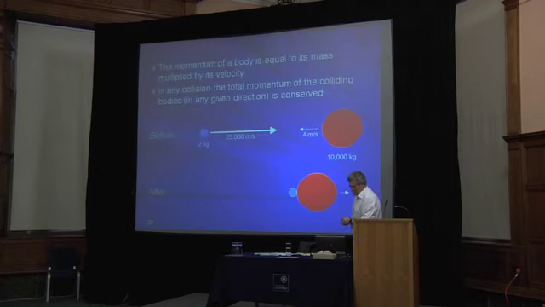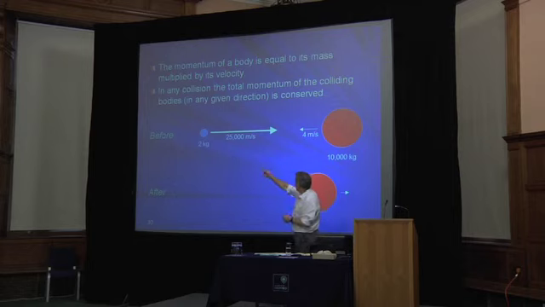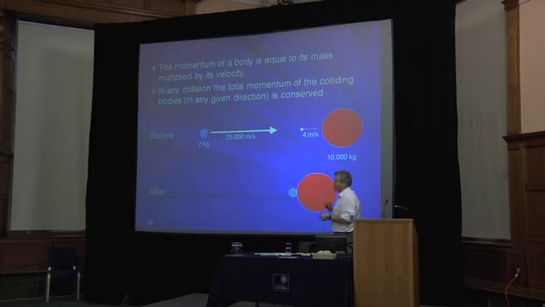Now, I take this to be an example of what Hume is saying. Momentum is mass times velocity. We know that momentum is conserved. In any collision, the total momentum of the colliding bodies is conserved. So imagine that you've got a mass of 2 kilograms whizzing along at 25,000 meters per second in one direction, and you've got a mass of 10,000 kilograms moving at 4 meters per second in the other.